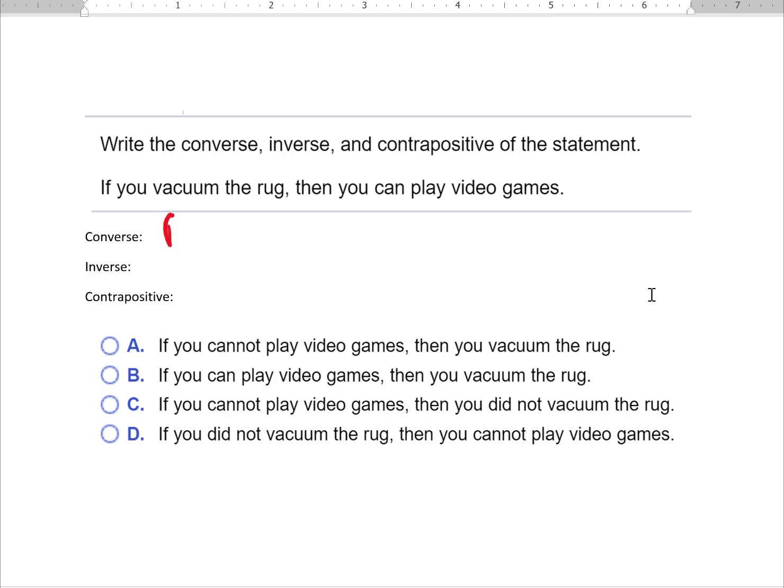That's choice B. And then the inverse negates both of the simple statements but keeps them in the same order. So if you cannot vacuum the rug, then you cannot play video games. And that one is choice D. And then the contrapositive flips both simple statements and negates both of them. So if you cannot play video games, then you cannot vacuum the rug, and that is choice C.